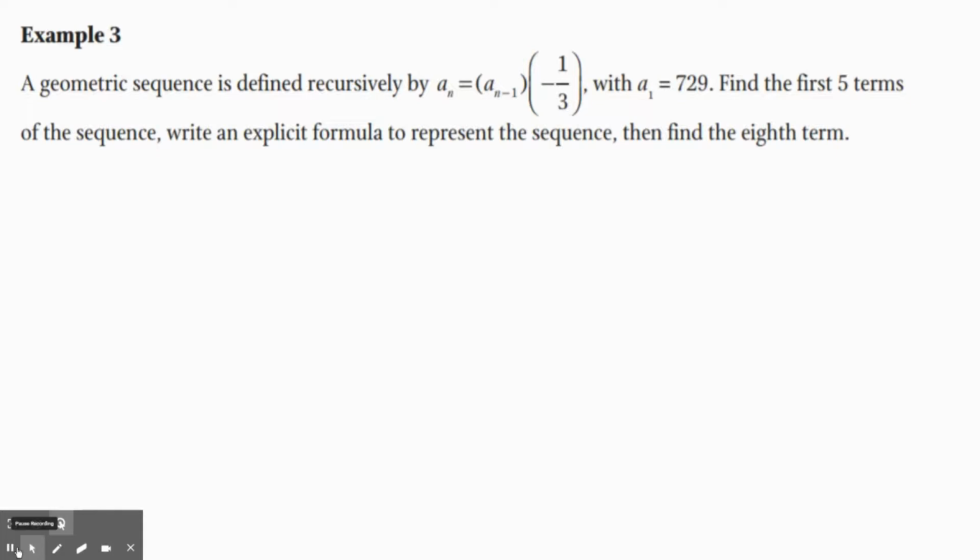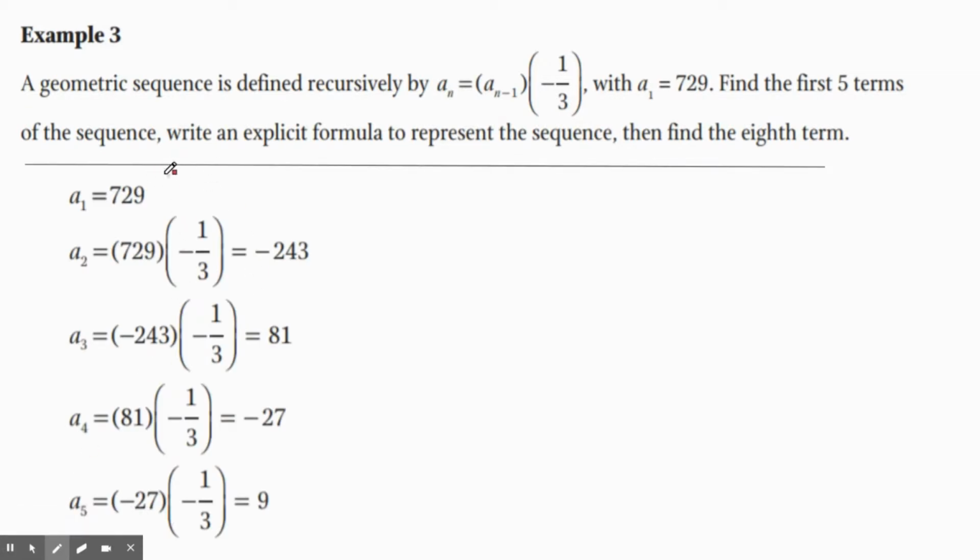Example 3, a geometric sequence is defined recursively by a sub n is equal to a sub n minus 1, remember that's the previous term, times negative 1/3. And they're giving us that the first term is 729. Then it says find the first 5 terms, write the explicit formula, and then find the 8th term.